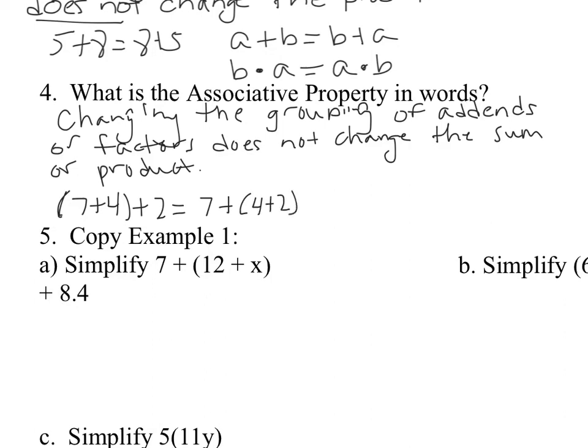And if we were to change those operations to multiplication, it would be the same as well. If we were to change it to 7 times 4 in parentheses, and then times 2, that would equal the same thing as 7 times parentheses 4 times 2. Okay?